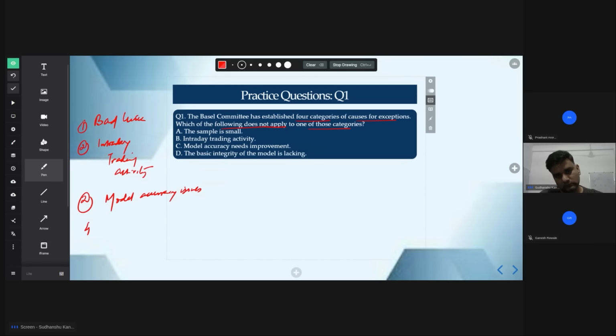Fourth is the basic integrity of the model. So according to the Basel Committee, VaR breaches can be caused by 4 main reasons. This is given by the Basel Committee, guys.